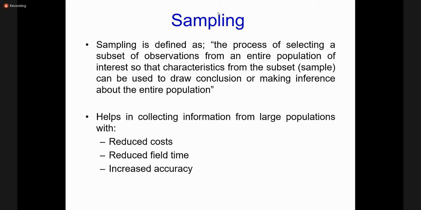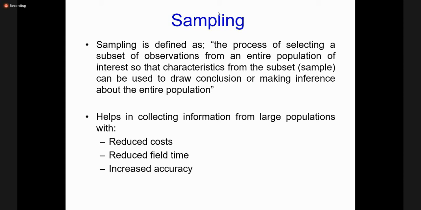While understanding that sampling has to follow a specific set of scientific principles, we need to understand that sampling is very, very helpful, because when we do sampling, it reduces the cost.